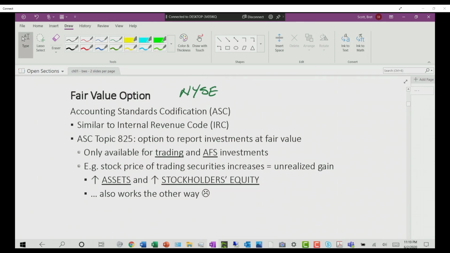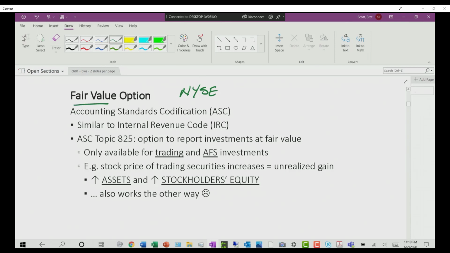They want to have access to a market to sell it should the need arise. So if a stock or bond is purchased on an exchange, generally speaking, at the end of every day, there's a closing price for the said stock or bond. We can figure out what its fair value is at any point in time. So most companies elect to adjust the value of their investments to fair value based on whatever the closing price is in the markets.